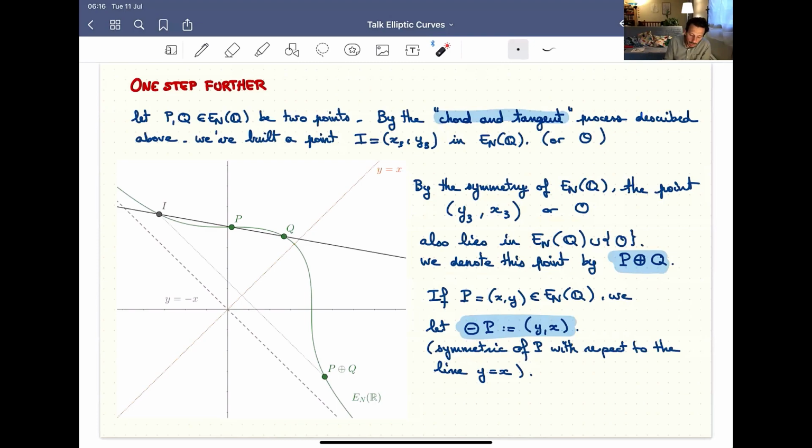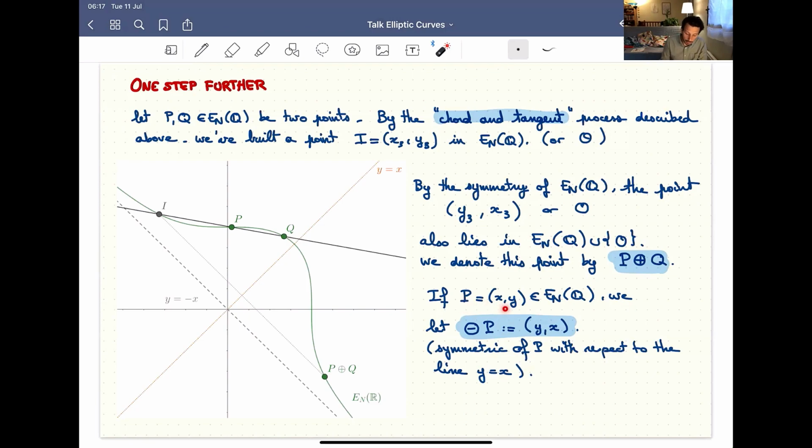Okay, and by the symmetry of the curve, the green curve, the point I, if we reflect it with respect to the line y equals x, the reflected point also belongs to the green curve. And we are going to denote this reflected point P plus Q, where the plus has a circle around it to remember that it's a slightly weird plus.